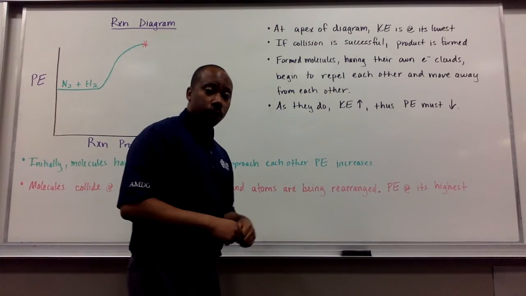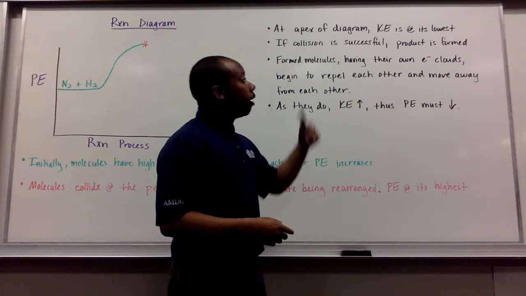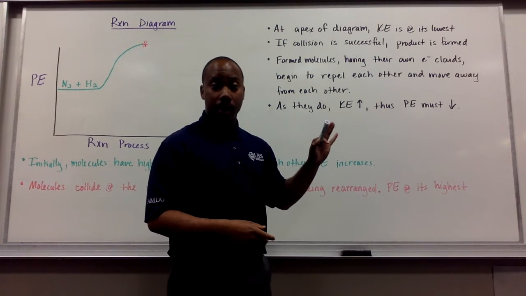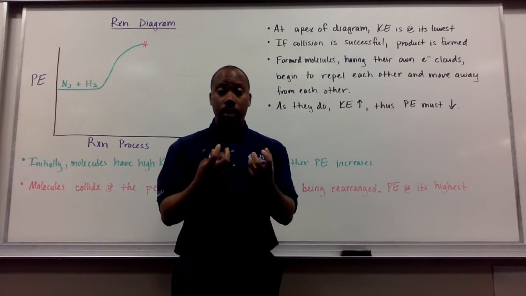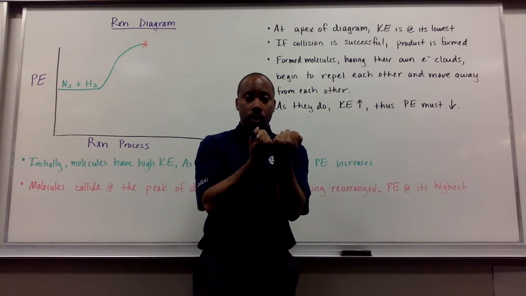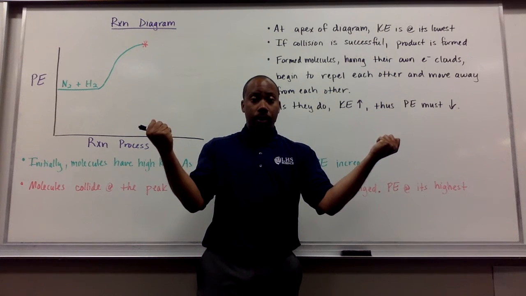If you do have a successful collision, the product is formed. And those formed molecules, which have their own electron clouds now, have rearranged from activated complexes and formed a product. Now those products are close to one another. They have their own electron clouds. They begin to repel one another and go away from each other.